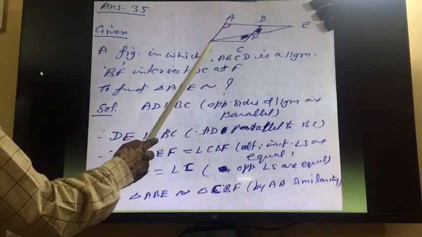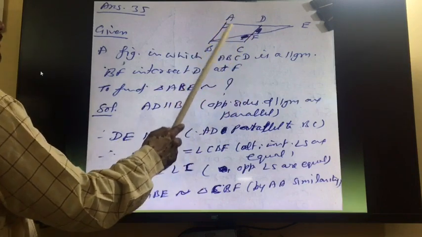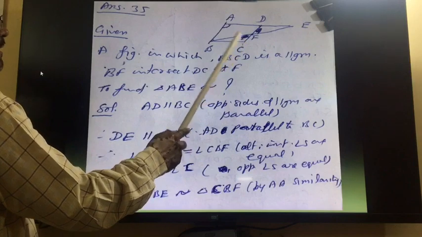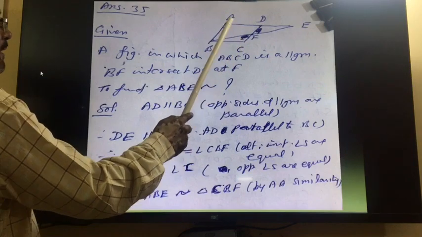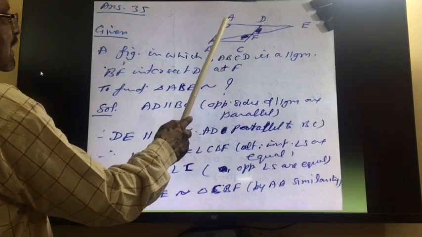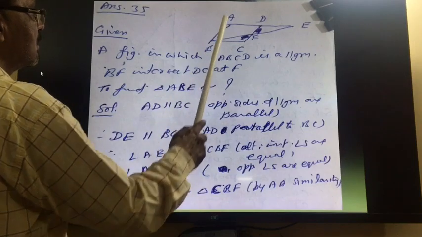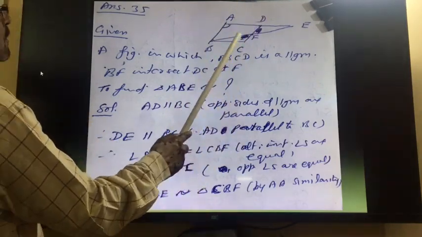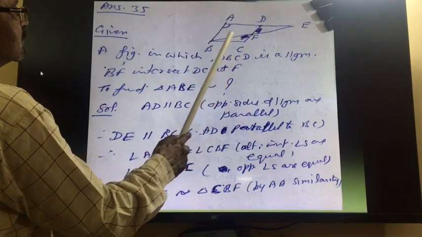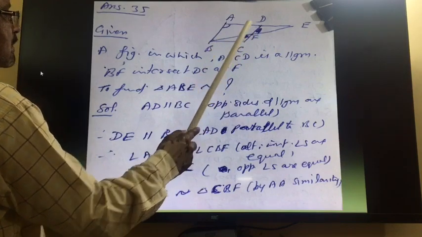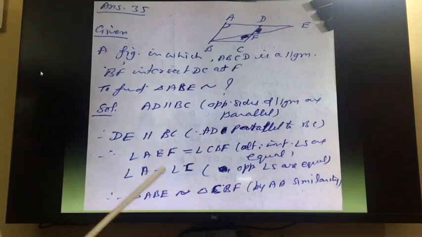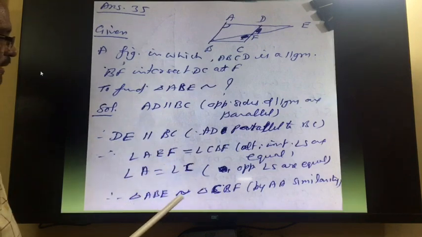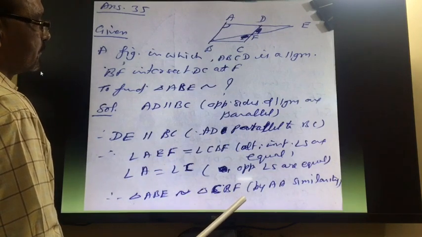And because ABCD is a parallelogram, angle A will be equal to angle C. Opposite angles of a parallelogram are equal. So in triangle ABE and in triangle CFB, in these two triangles, two angles are equal. Therefore, triangle ABE is similar to triangle CBF.